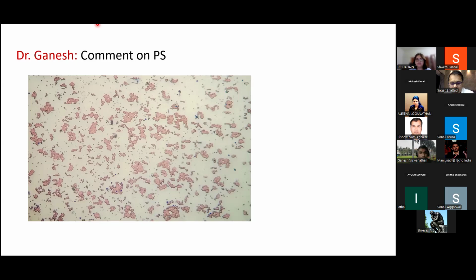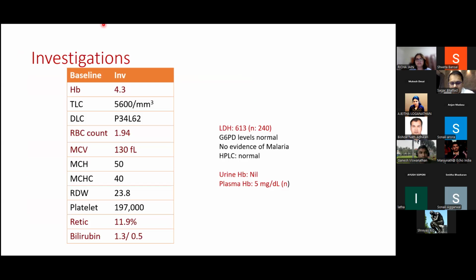So we need to keep in mind, I need to recall the CBC findings. When we see this on the smear, we don't really trust the MCV and the RBC counts. They may be falsely altered. Yes. This MCV is actually erroneously elevated because the large clumps are passing through and being counted as individual RBCs, and also because the RBCs are clumped together, the individual RBCs are not being counted properly.